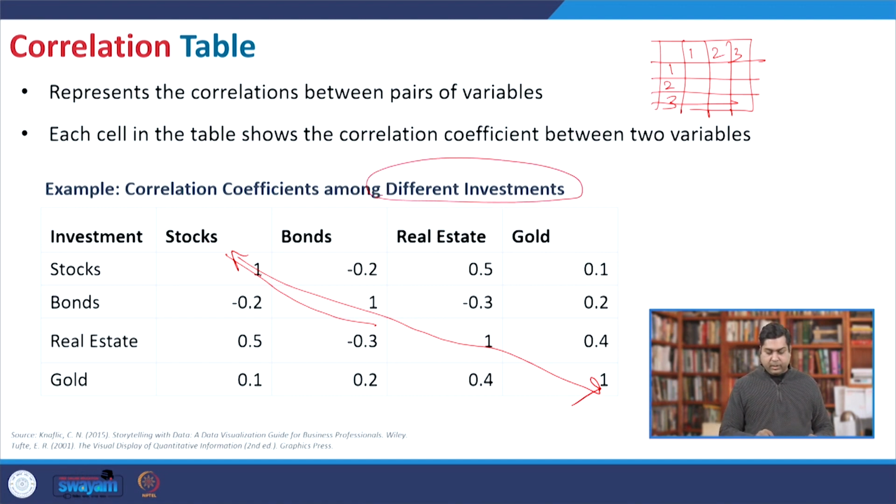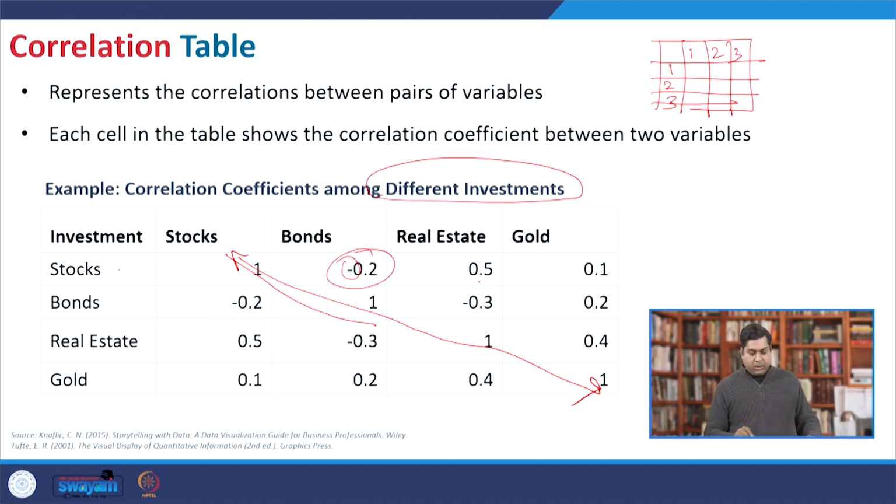You can see that diagonally it is always 1, and if you know half of the matrix on one side of the diagonal, you can also compute the other half. So, say for example, the correlation coefficient between your stock and bonds has some sort of negative correlation. Again, it is hypothetical data, but just try to see that the negative sign is showing some sort of negative relationship between them.